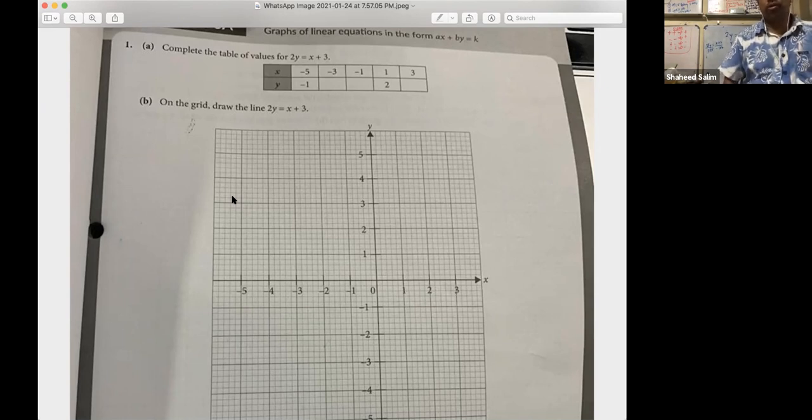Then you plot also, okay? You can plot. For your information, you plot the coordinates.